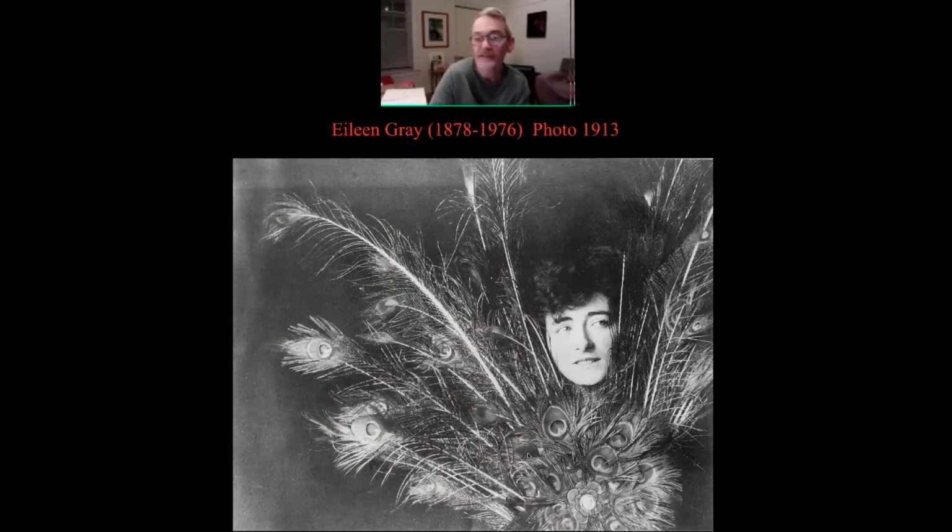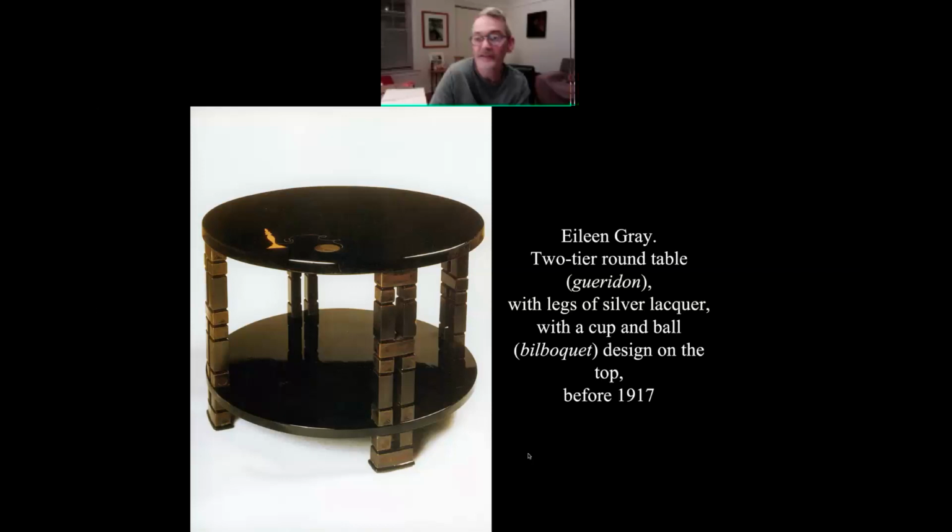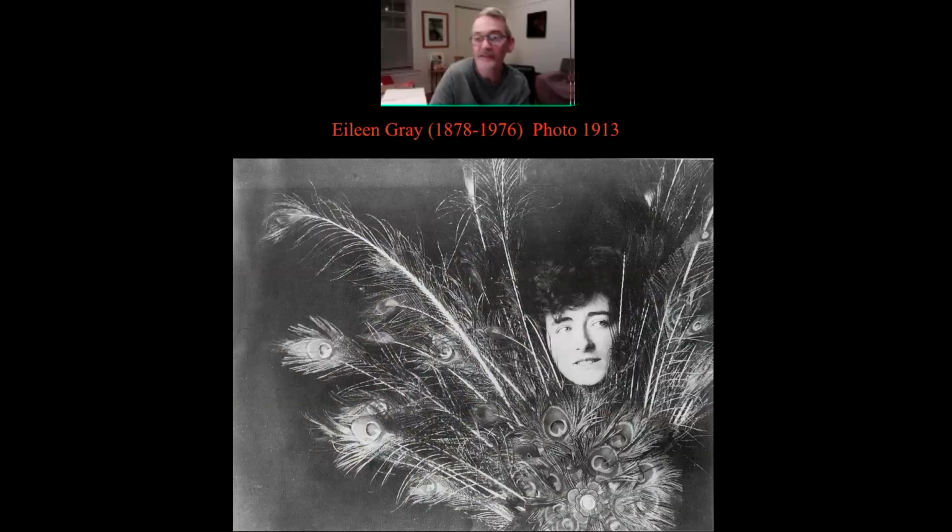Eileen Gray, here's another role model for you. So Eileen Gray was originally born and raised in Ireland, and she went to France to learn the trade of lacquering. Getting good at applying lacquer is challenging.